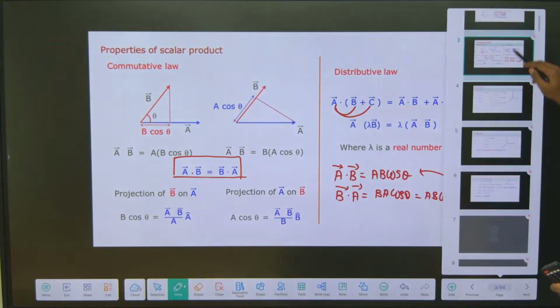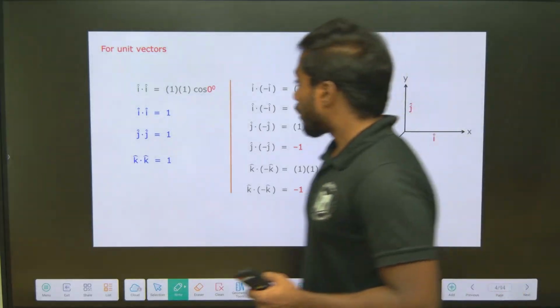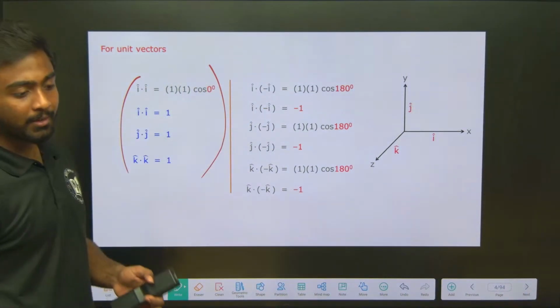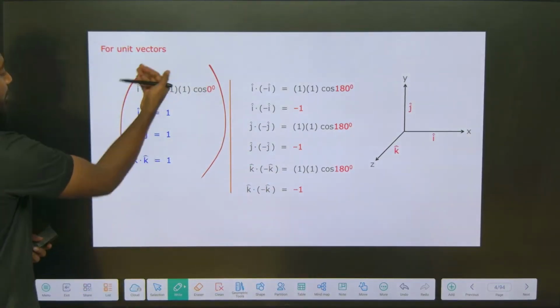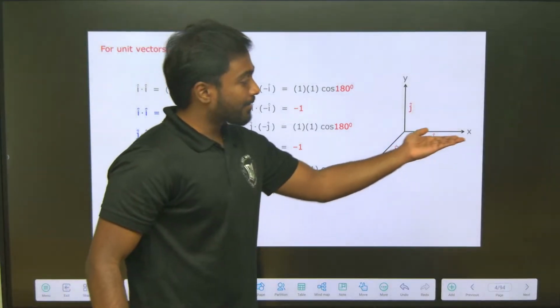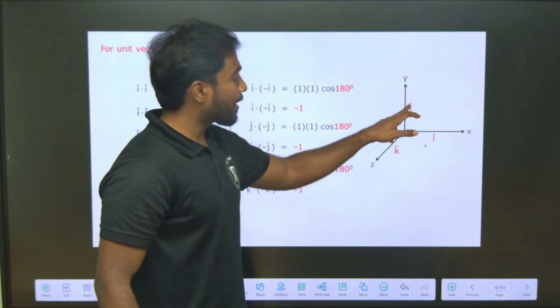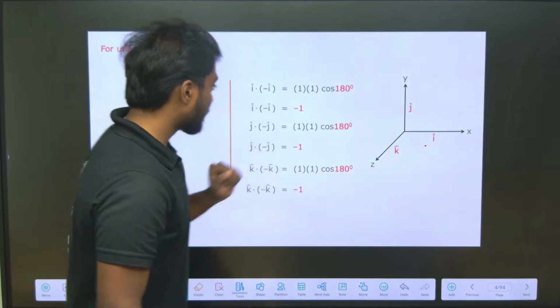Next, what we are going to see is unit vectors. When I talk about unit vectors, this is the main thing when we are discussing problems. So I will give the simple thing, guys. This is my x-axis, y-axis, z-axis. The x-axis is i cap, the y-axis is j cap, the z-axis is k cap, right?